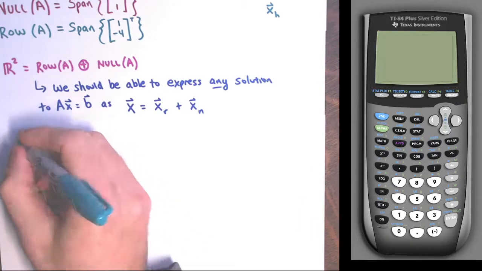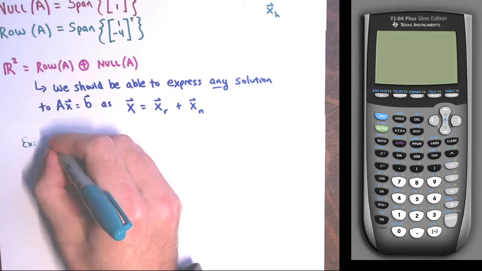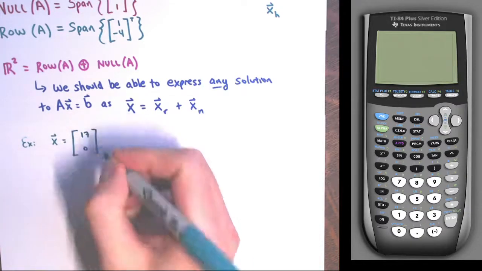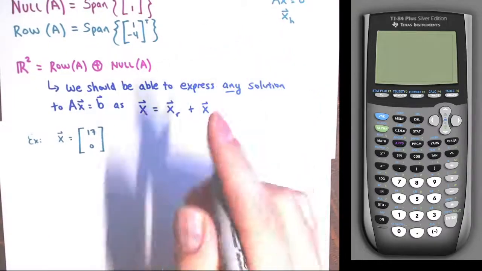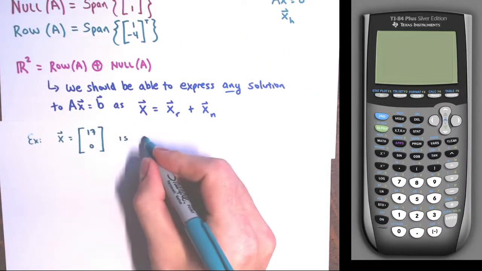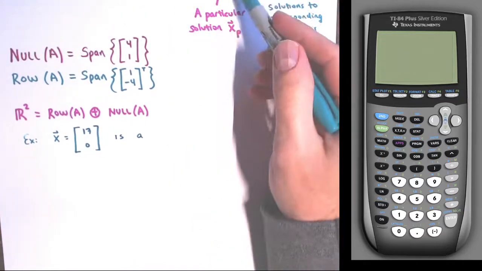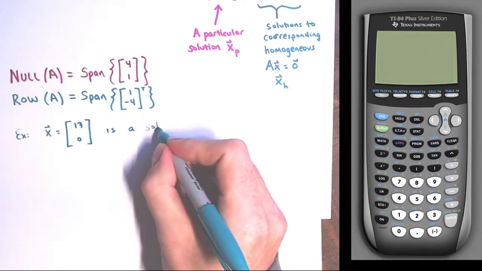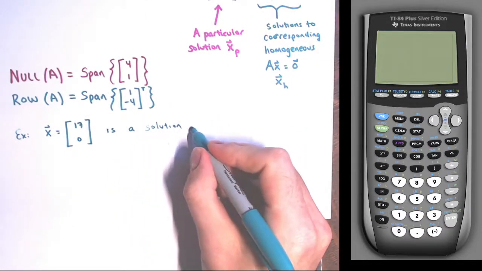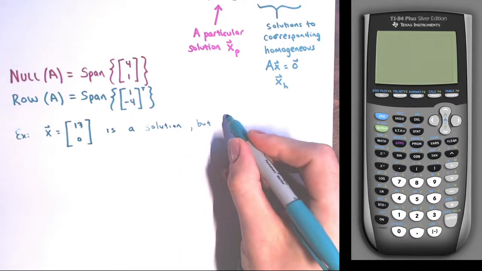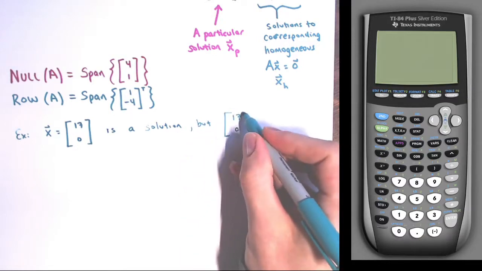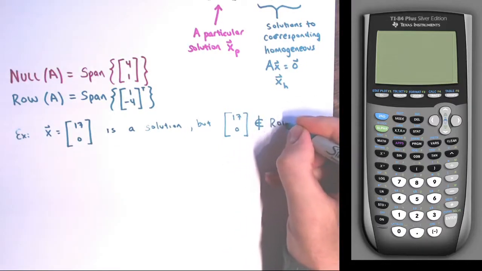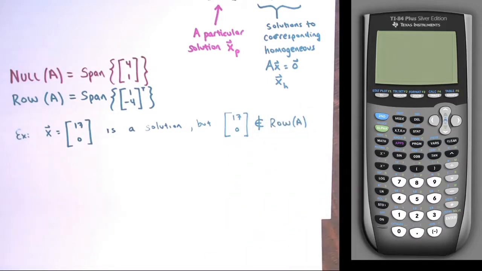So for example, x equals 17, 0. That is a solution, as we saw earlier, my particular solution here. 17, 0 is a solution, but it does not belong to the row space of A, and it also doesn't belong to the null space.